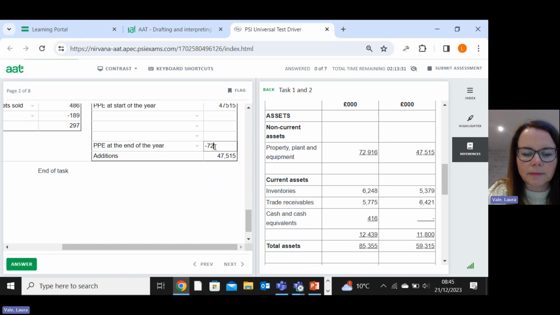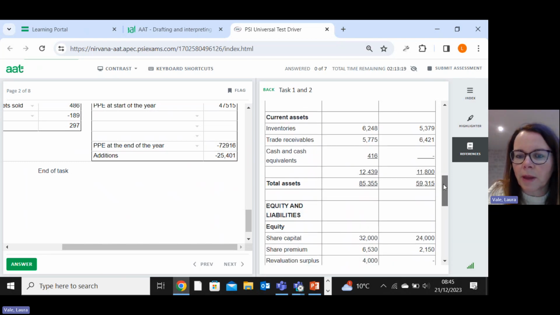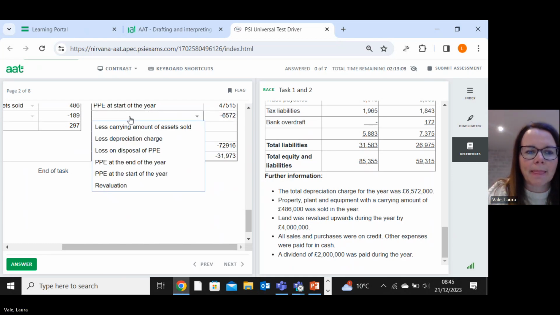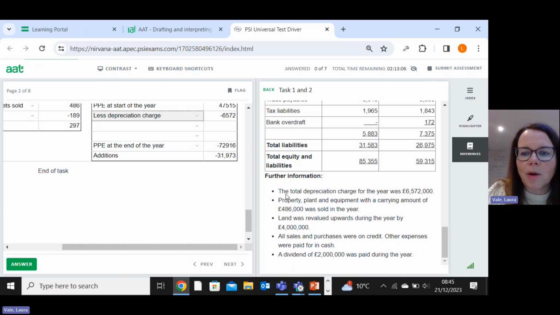72916. And what we're doing here basically is we're saying we know that there's been an increase in property, plant and equipment during the year of 25,401, but we also know that it was depreciated by 6,572, so that must have reduced it. And we also know that 486 worth was sold.